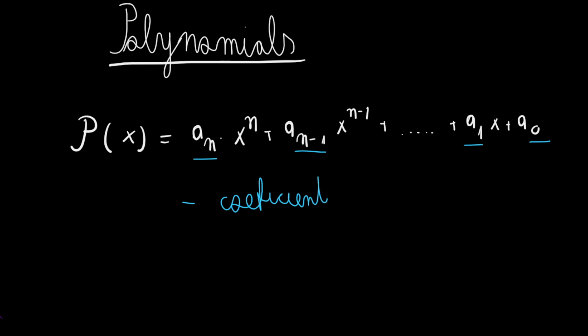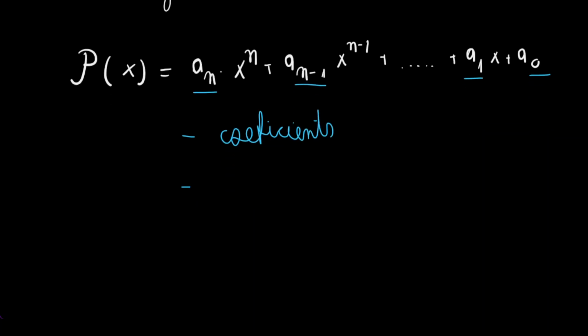Right now these coefficients are, let's say, some numbers, but these numbers have to be from a set, let's say a field. So a_{n-1}, a_1, a_0 are from a field k.